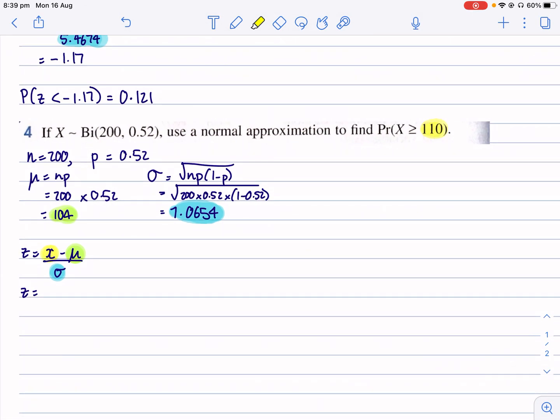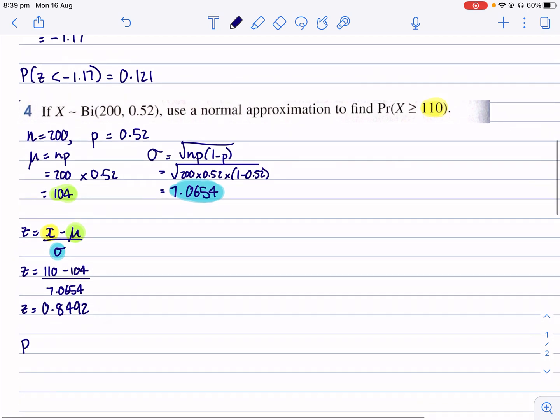So we've got 110 minus 104 over 7.0654. This gave us 0.8492.